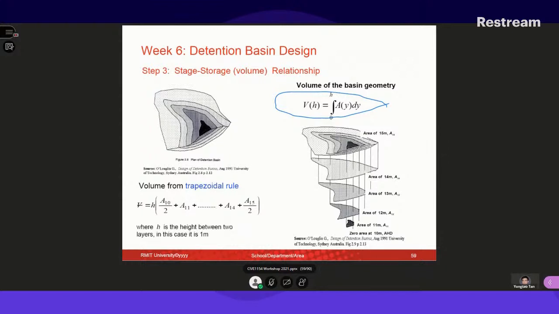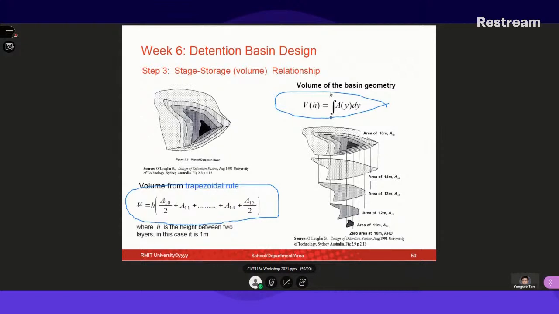That means we can divide the basin into different levels, starting from the bottom to the top.